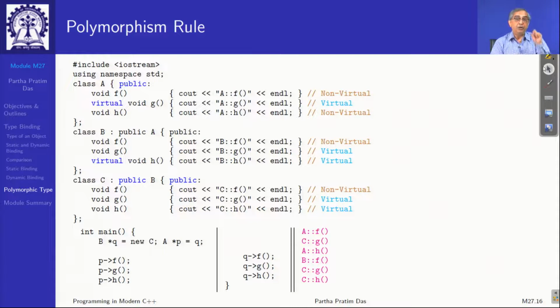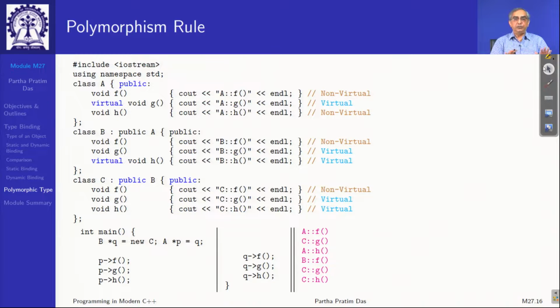And when I resolve for the binding, the pointer or the reference looks at the class of the type it is defined by. So, a pointer to A will always look for the status of the functions defined in A, whether they are virtual or non-virtual, and based on that, for virtual functions it will do a dynamic binding, for non-virtual functions it will do a static binding.